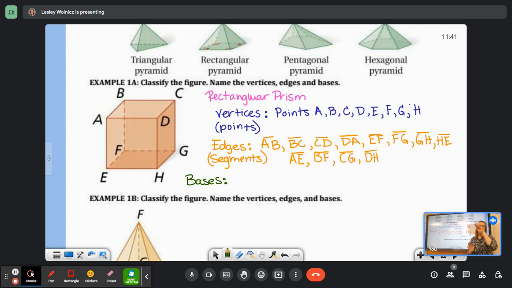You know, make sure I can tell that it's got right angles in it. So rectangle ABCD, that's the top base. And then the bottom one is rectangle EFGH.